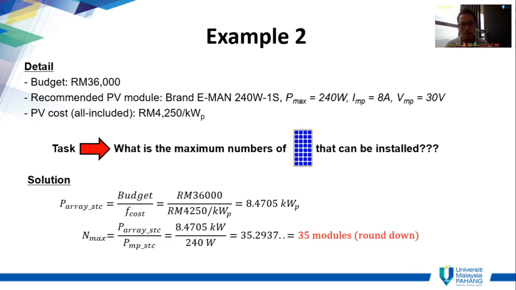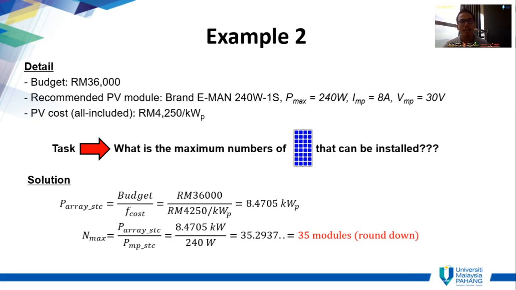I told you, round it down. Why again? The reason is very simple. If you try to make it 36, for example, for these 36 modules, you need to add your own money to buy it, because within the 36,000, we can only afford 35.2 modules.